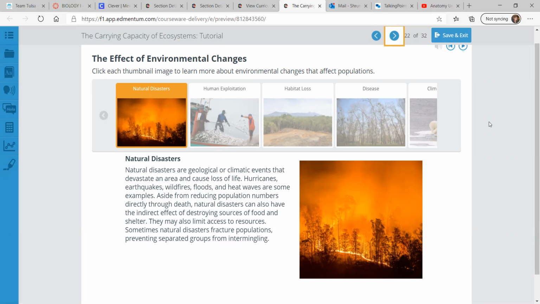We had a large number of hurricanes, earthquakes, wildfires, floods, heat waves. All of these can affect populations. Aside from death they can also have indirect effects like destroying sources of food, shelter. They may also limit access to resources.